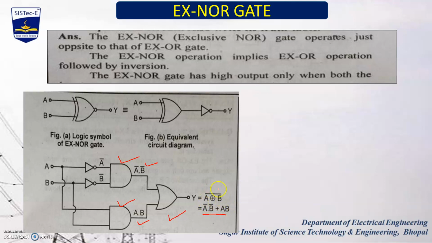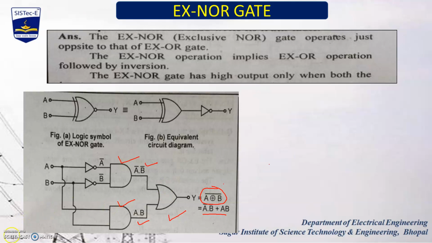You can see, in the symbolic representation, A exclusive OR B is the output of the exclusive OR gate, and A exclusive OR B bar is the output of the exclusive NOR gate.